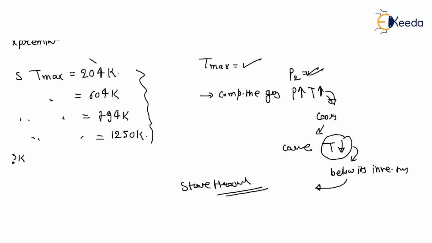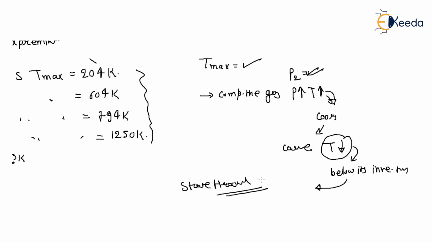It is very frequently asked in interviews. In this case, you cannot directly cool by the throttling process if the temperature of the gas is above the inversion temperature. First of all, you compress it. If you compress the gas, the pressure will increase, consequently the temperature will increase.